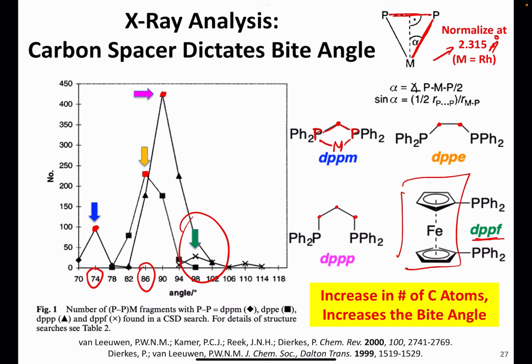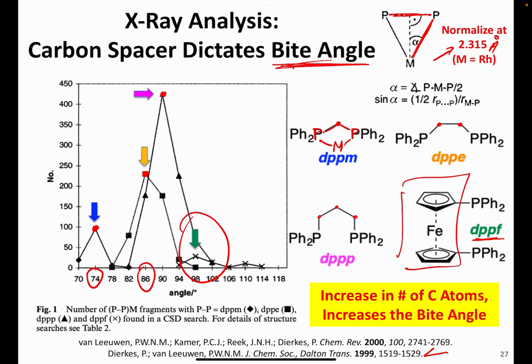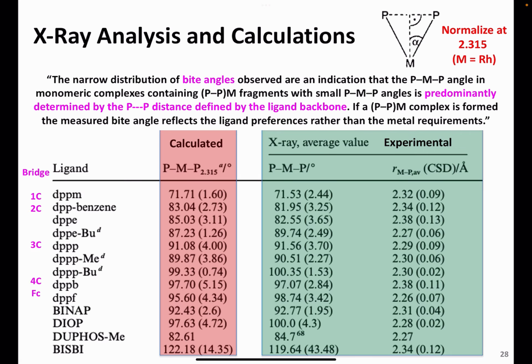The PMP angle, the bite angle, gets larger as the spacer, or the distance between the two donor atoms, gets larger. And so how are we going to actually use this? We need to figure out how we're going to be able to use the bite angle, or what you expect the bite angle to be, to form transition metal complexes. And a quote I got from this paper right here, I think really nicely gives you the information.